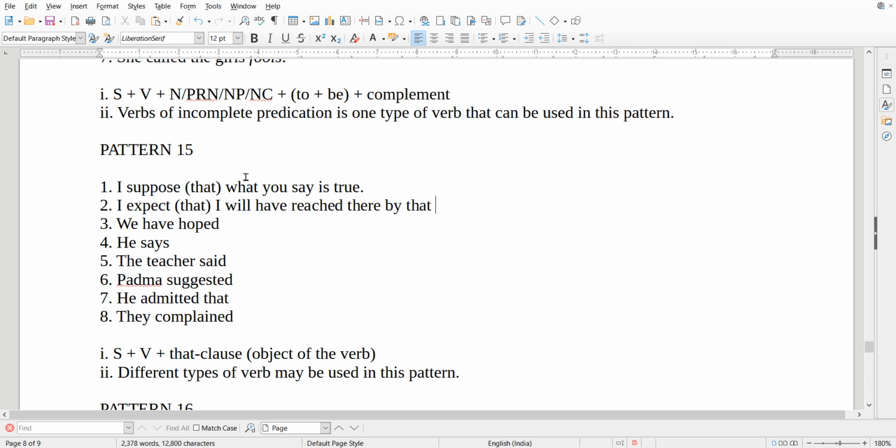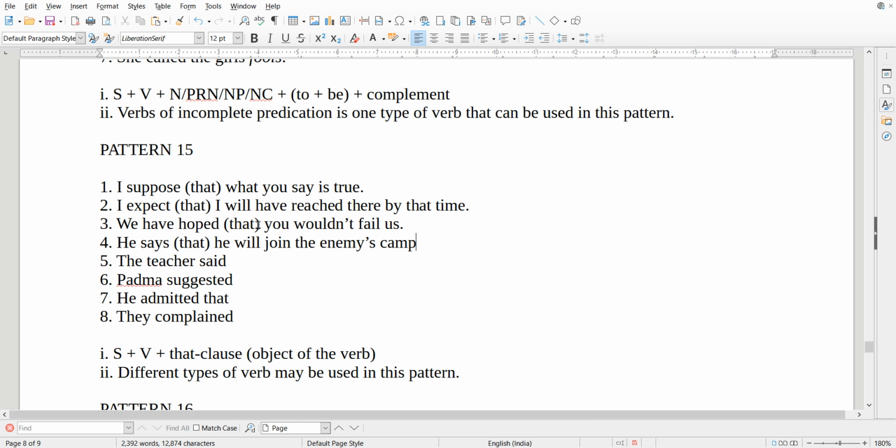This is a noun clause, with its own subject and predicate. We have hoped that you wouldn't fail us. You wouldn't disappoint us. He says that he will join the enemy's camp, for example.